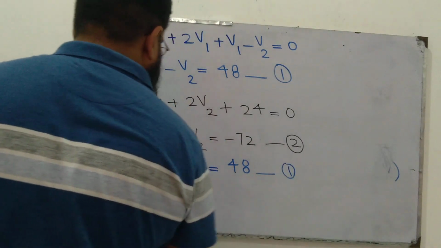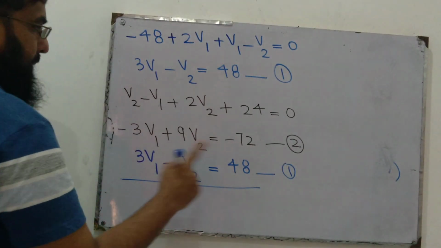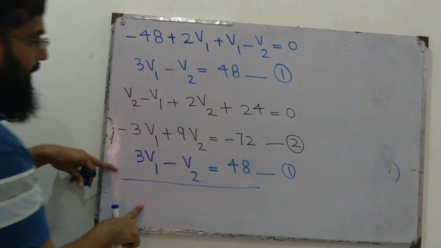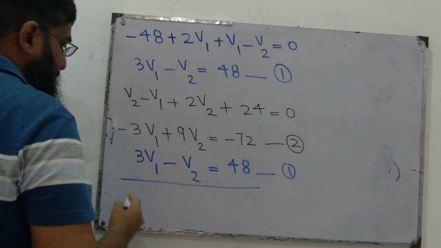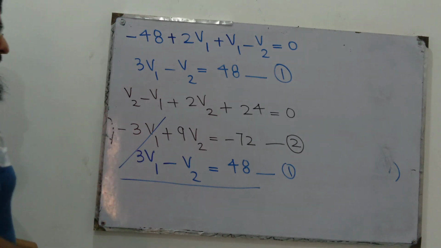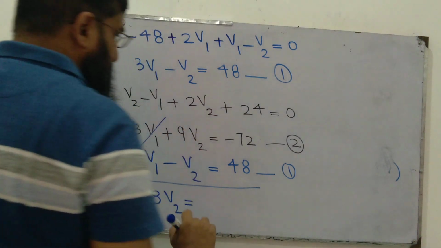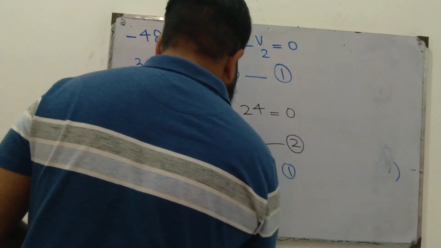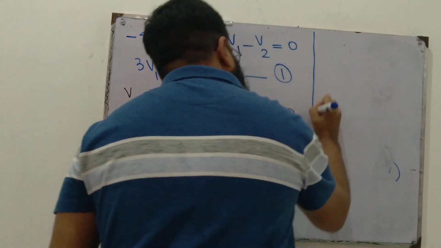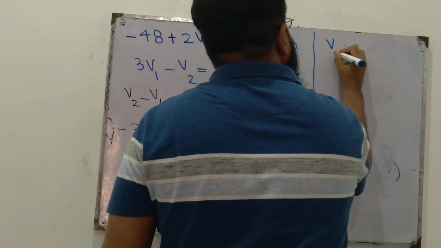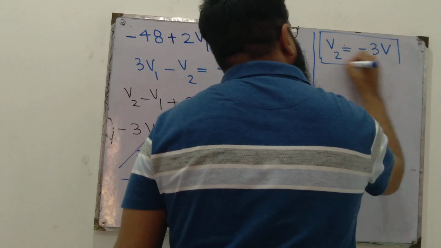So adding equations 1 and 2, after we have multiplied equation 2 by 3, this cancels, and we have 8V2 is minus 24. So V2 is minus 3. V2 is minus 3 volts, the first voltage.